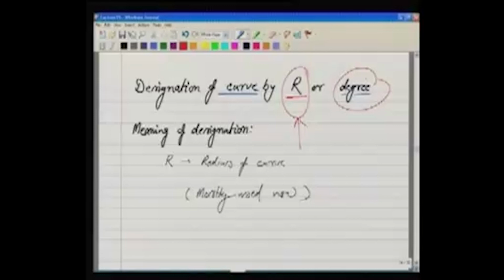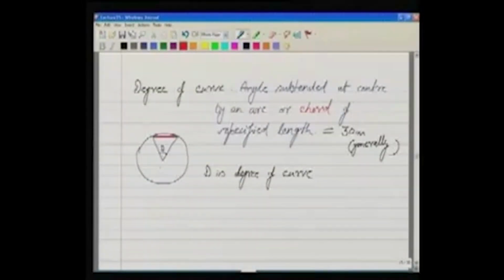Now what is the degree of the curve? Let's say this is a little part here, I will highlight this. This is a circular curve here. Because it's a circular curve, of course it's a part of a big circle, and over here is the center of the circle. For a given arc, if I show that arc here, there is a chord.